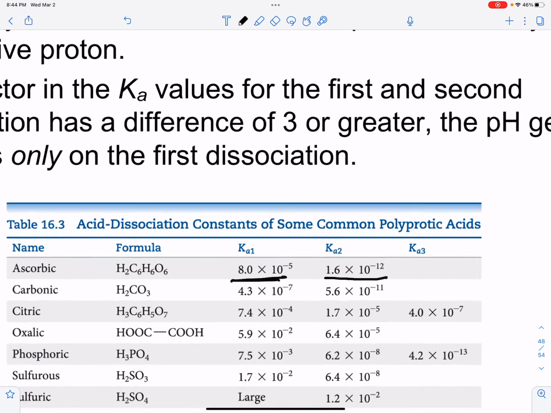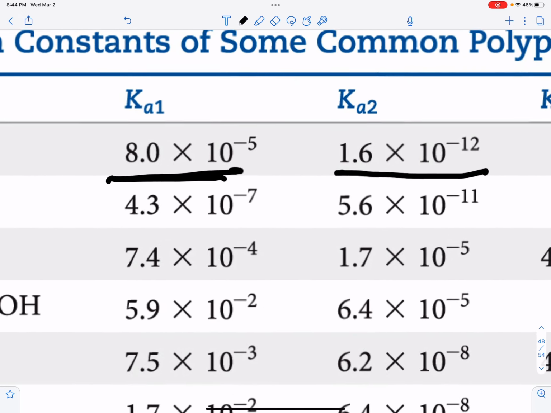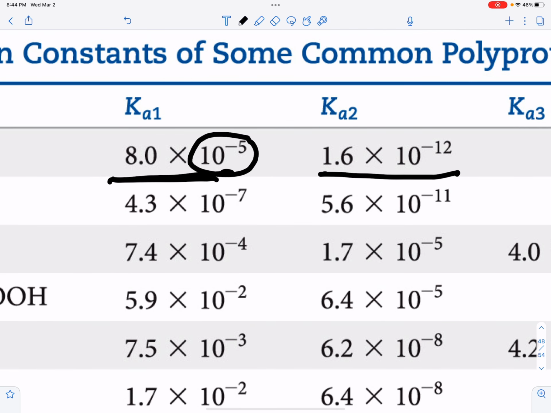Notice how difficult it is for the second hydrogen to be ionized. So the possibility of ionizing is very, very small. And the reason is, after the molecule loses one hydrogen or a proton, then the nucleus can grab a hold of the remaining ones better.